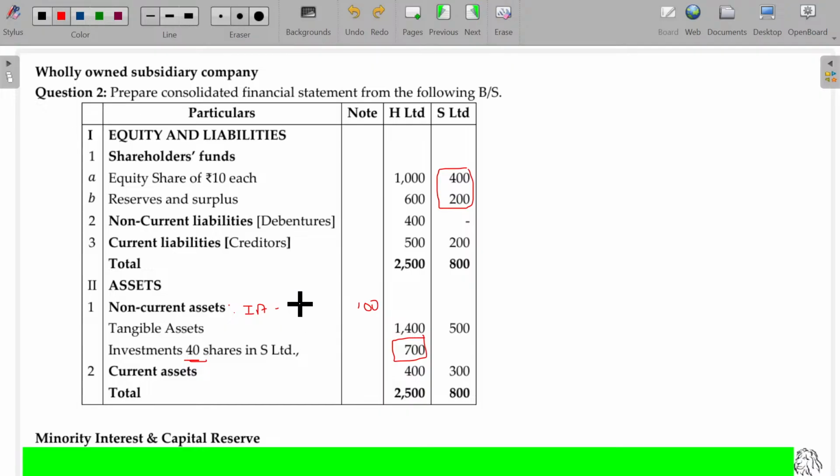Okay. So, now knock off the rest and do the line by line addition. So, 1000, 600, 400, 700, 1900, 700. Hope now you'll be able to understand this one.